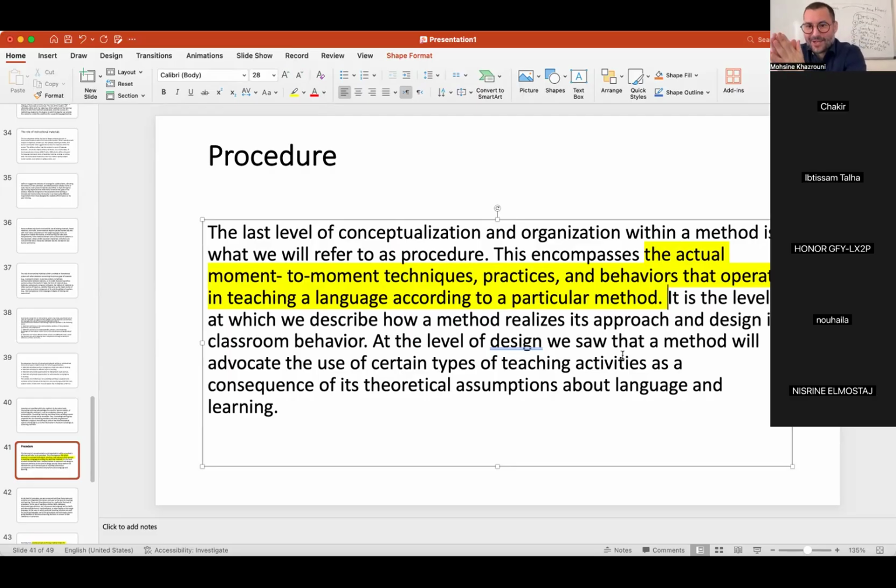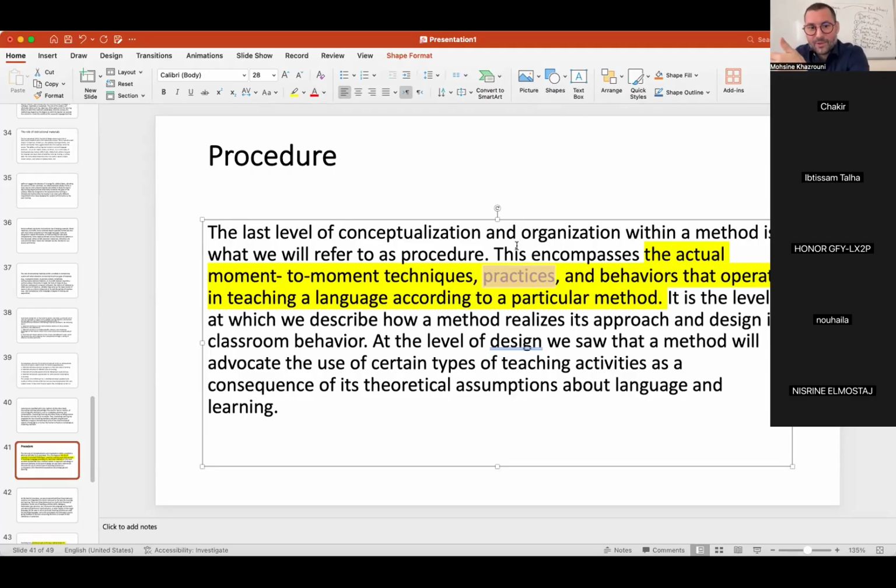So let's imagine we have an audiolingual method. And you as a teacher, you want to apply this method in your teaching. Now, to apply it, what do you need? You need practices in the classroom. What do you do in the class?